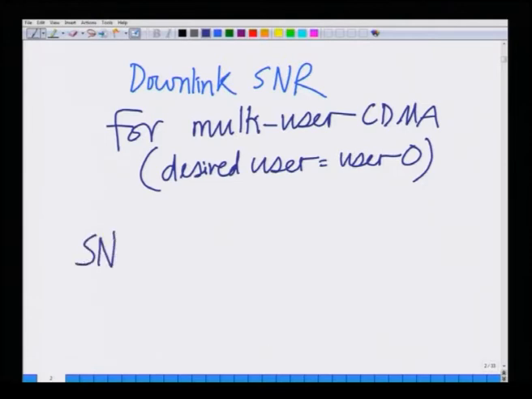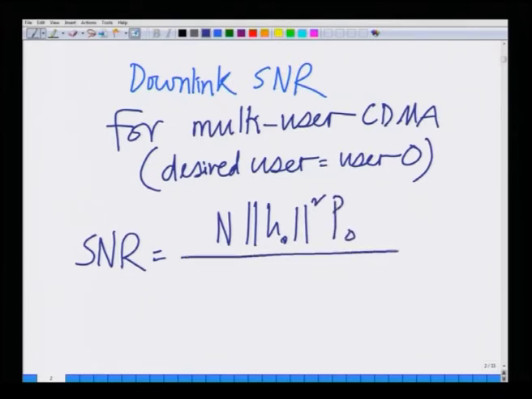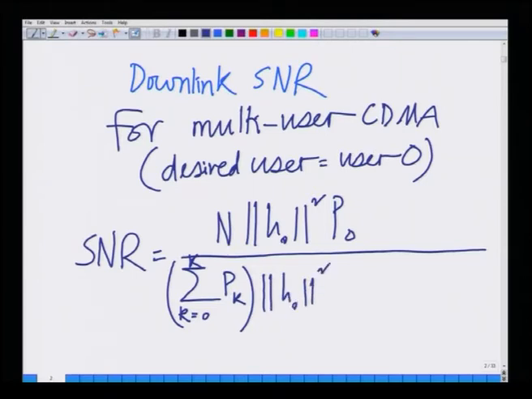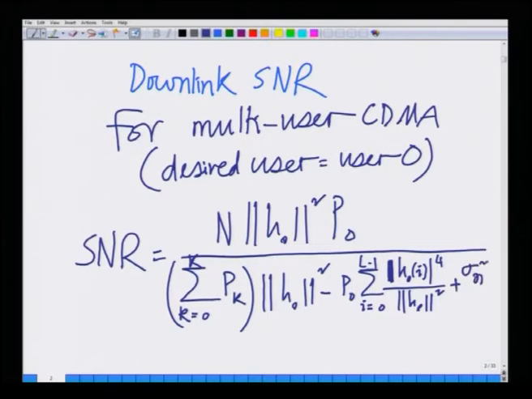This SNR is nothing but n times norm H naught square P naught divided by summation k equals 0 to capital K P k into norm H naught square minus P naught summation i equals 0 to L minus 1 absolute value of H naught of i to the power of 4 divided by norm H naught square plus sigma n square.